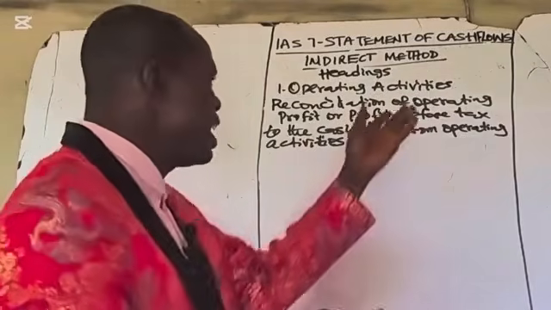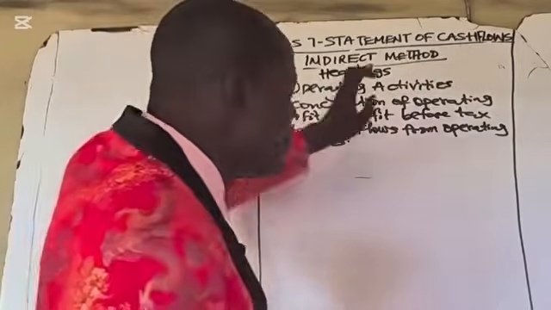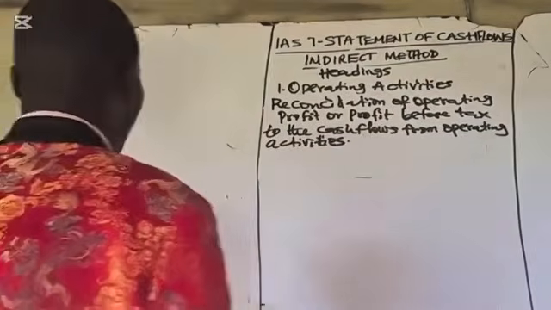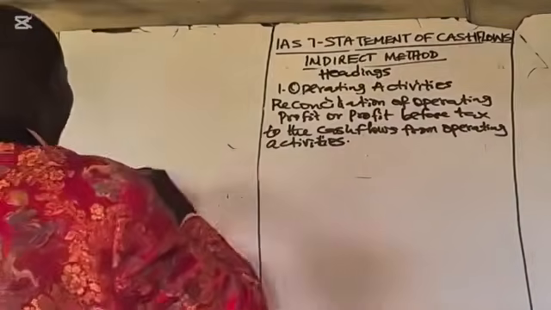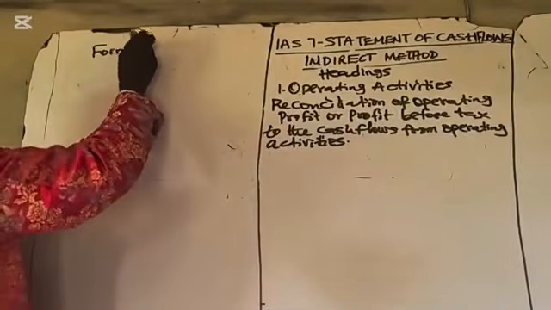When you are preparing your reconciliation statement, there are three major items to adjust. Let me give you the format for preparing statement of cash flows vis-a-vis my explanation.